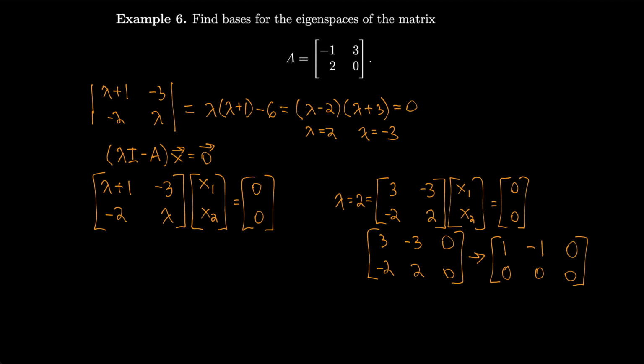Okay, wonderful. So by reading off the top row, we have x1 minus x2 equals 0, which is the same thing as saying x2 is some parameter. It's a free variable. So we can make x2 equal to t, which means that x1 is equal to x2, so x1 is also t.